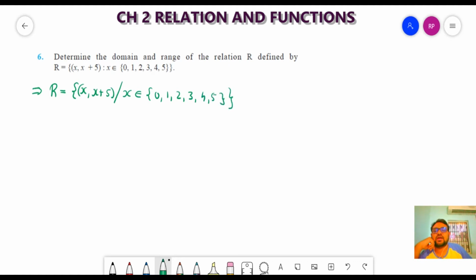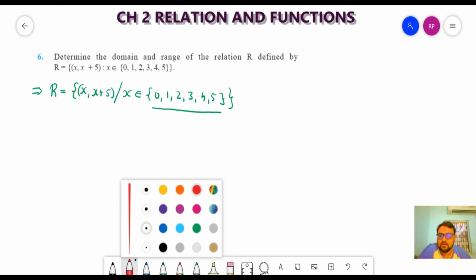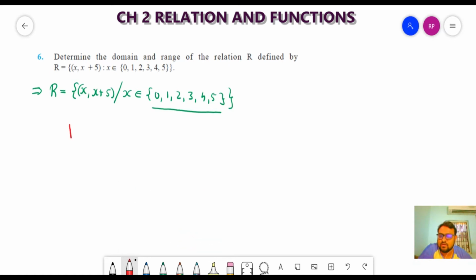So this means that these are the values of x that you can take. Okay. So what I will do, here I am writing x, the first element of the ordered pair, and here x plus 5. So which values of x I can take? 0, 1, 2, 3, 4, 5. So obviously this will be the domain. 0, 1, 2, 3, 4 and 5.